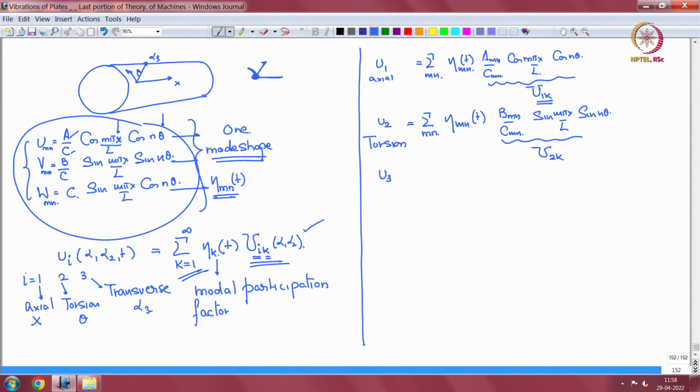Similarly u3, which is transverse, alpha 3 direction, is sigma mn eta_mn sin(m pi x by L) cos(n theta). Okay, and this is u3mn or u3k. Okay, that is the meaning of this single expression here.